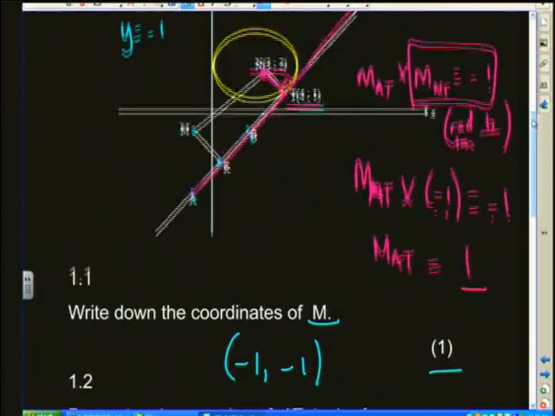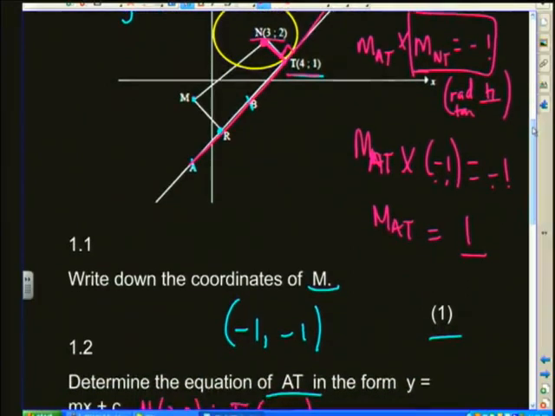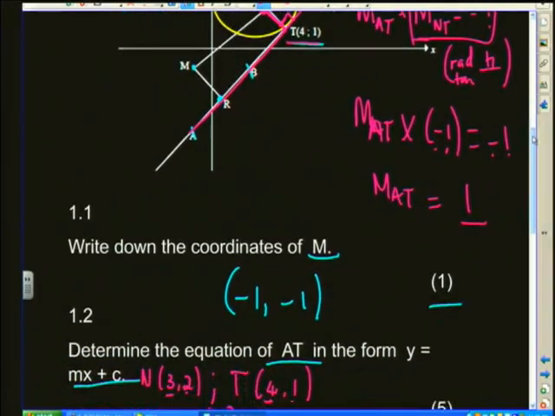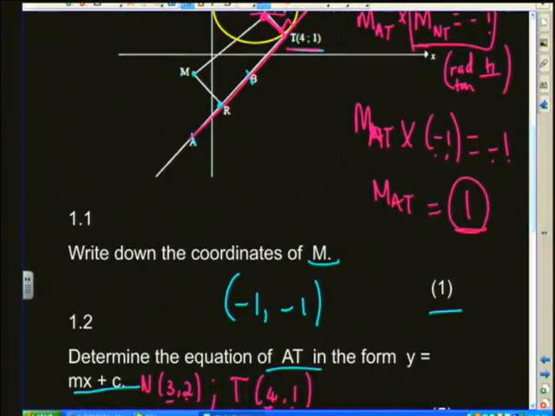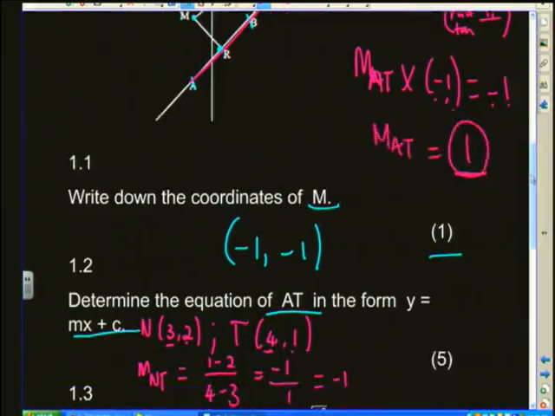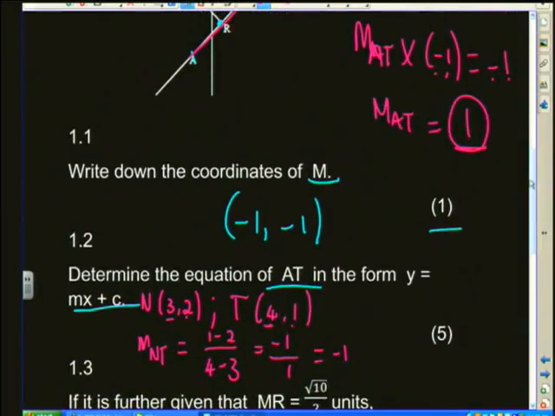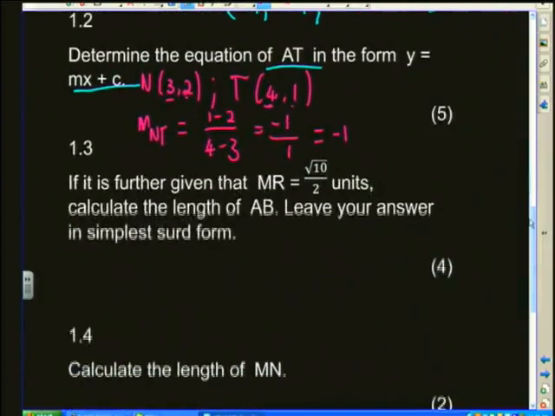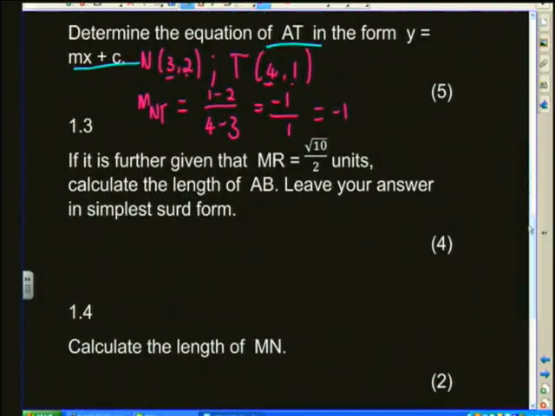So the gradient of AT is equal to 1. Now remember here, they have asked you to find the equation of line AT, so we're not going to stop there. We need a point on the line, which we have. We know that T is 4 and 1. We know the gradient of AT is equal to 1.